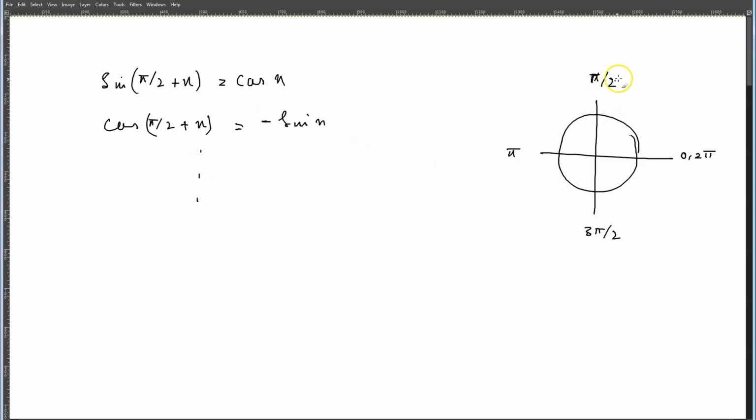So there is pi by 2, then there is pi, and for pi you can say, for example, what is the sine of pi minus x? What is the sine of pi plus x? Because you can go in this direction, you can go in this direction as well. Or you can say, what is the cos of pi minus x?